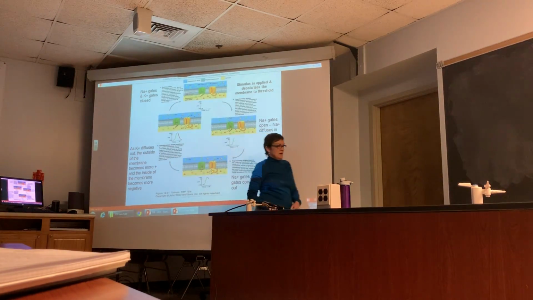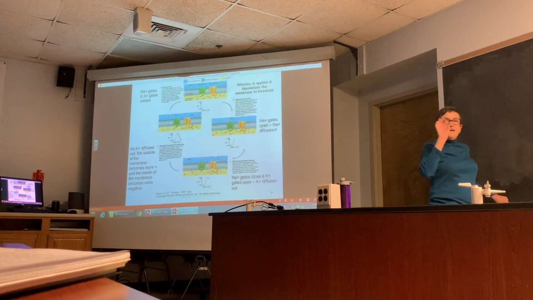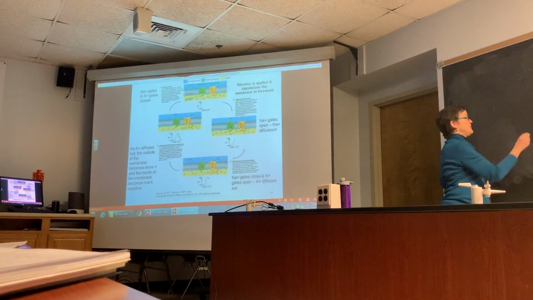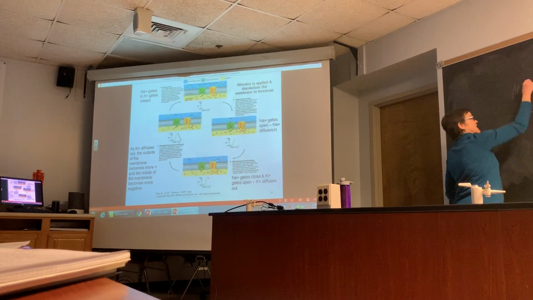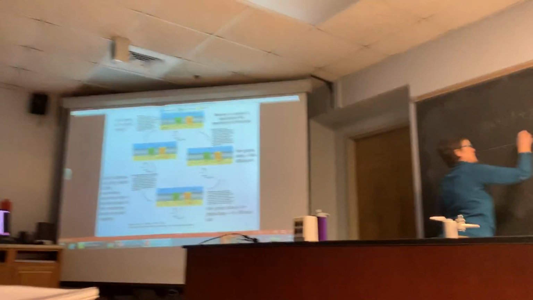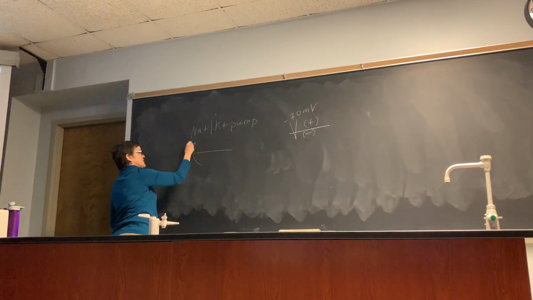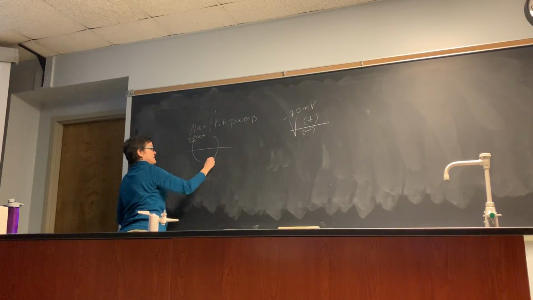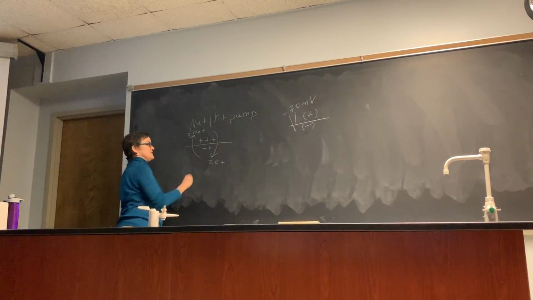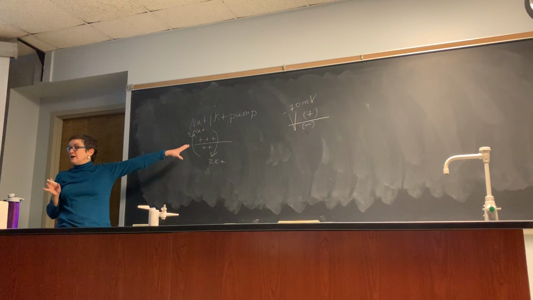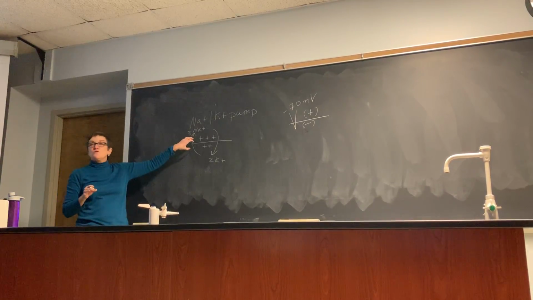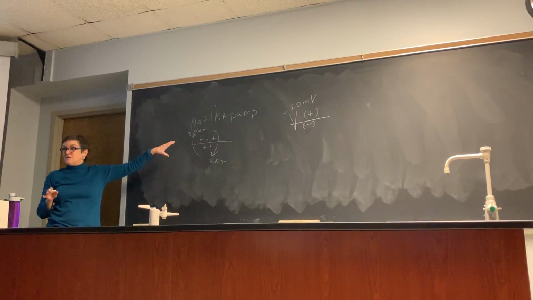One thing you want to keep in mind is there is a concentration gradient of sodium and potassium. Remember, we have the sodium-potassium ATPase pump I talked about before. It pumps out 3 sodiums and pumps in 2 potassiums. So you have not only a charge difference, which is part of why you have a resting membrane potential of negative 70, but this also creates a concentration gradient of sodium and potassium.